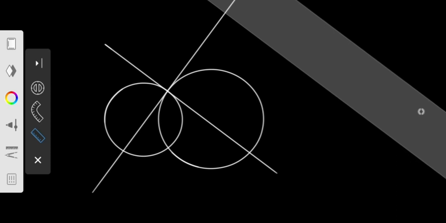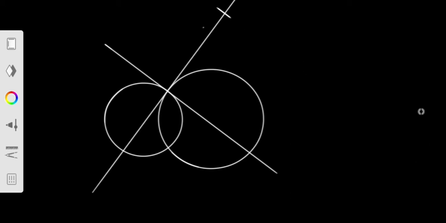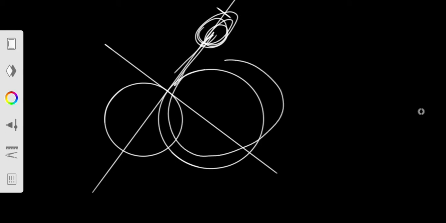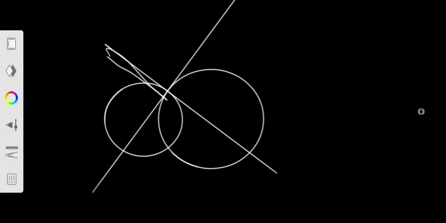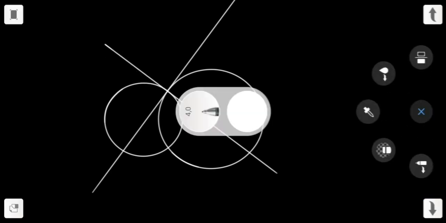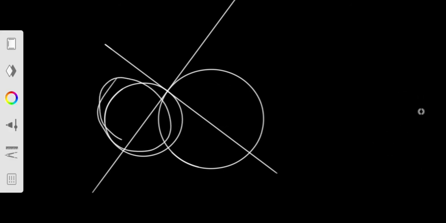Now look, this line over here, this line is tangent to what circle? To this circle over here, okay? And this line over here is tangent to this circle over here, okay?